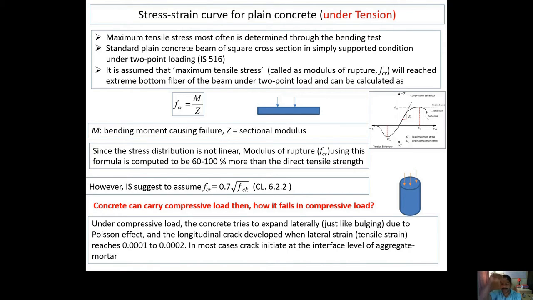So you are applying force in this direction, and it will try to expand due to the Poisson effect, and the cracks will occur in the vertical direction. So though the structure is under compression, due to the Poisson effect there can be tensile strain, and due to the tensile strain there will be cracks in the cylinder. So structures under compression also fail under tensile strain.